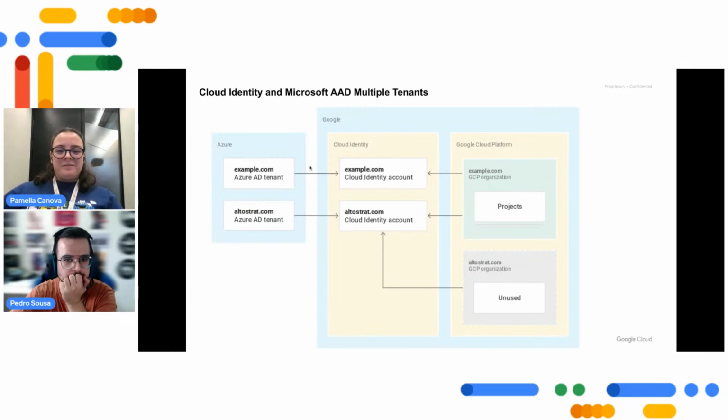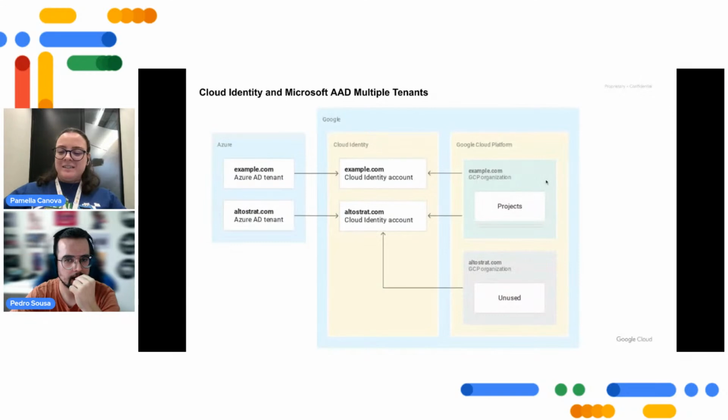So you have two different Azure Active Directory tenants, and you want to sync them to Google Cloud Identity, and you can link each tenant to a Google Cloud Identity. So you have a one-to-one relation, and from that you can have Workspace products or Google Cloud Platform, anything you want to do. You can have this for each tenant on Azure.